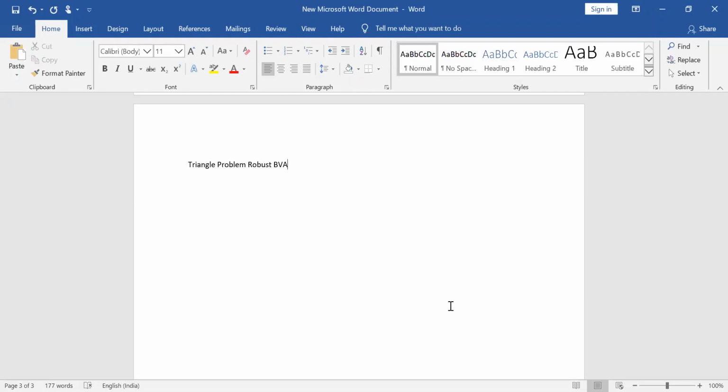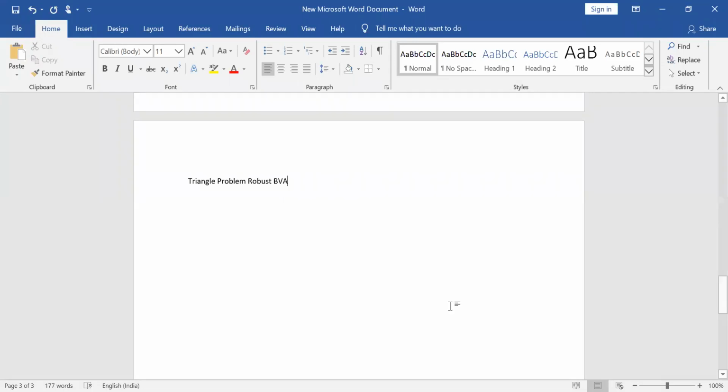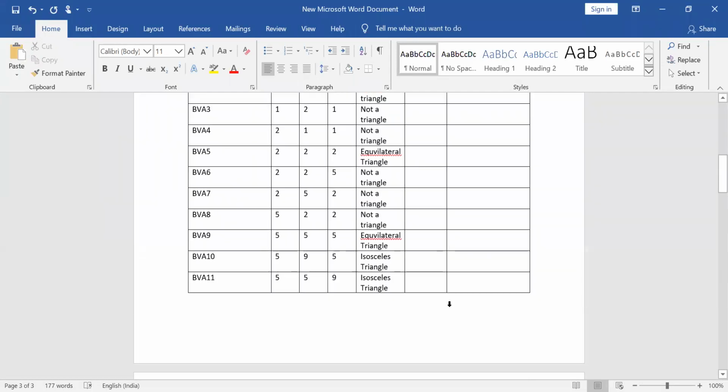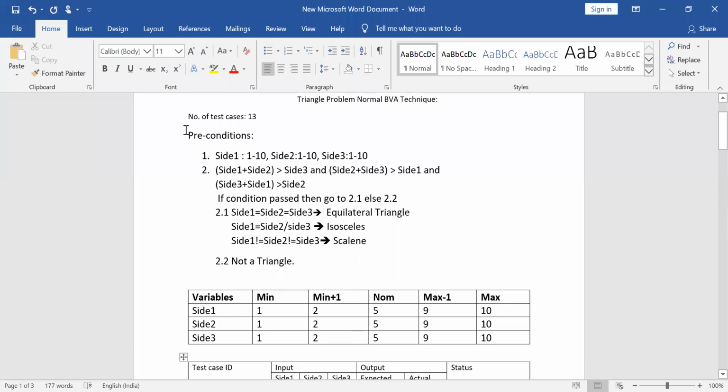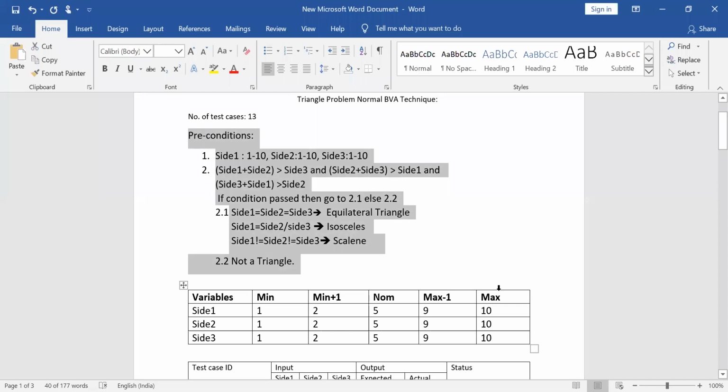Valid plus invalid becomes robust. The precondition remains the same. There is no change in the precondition.